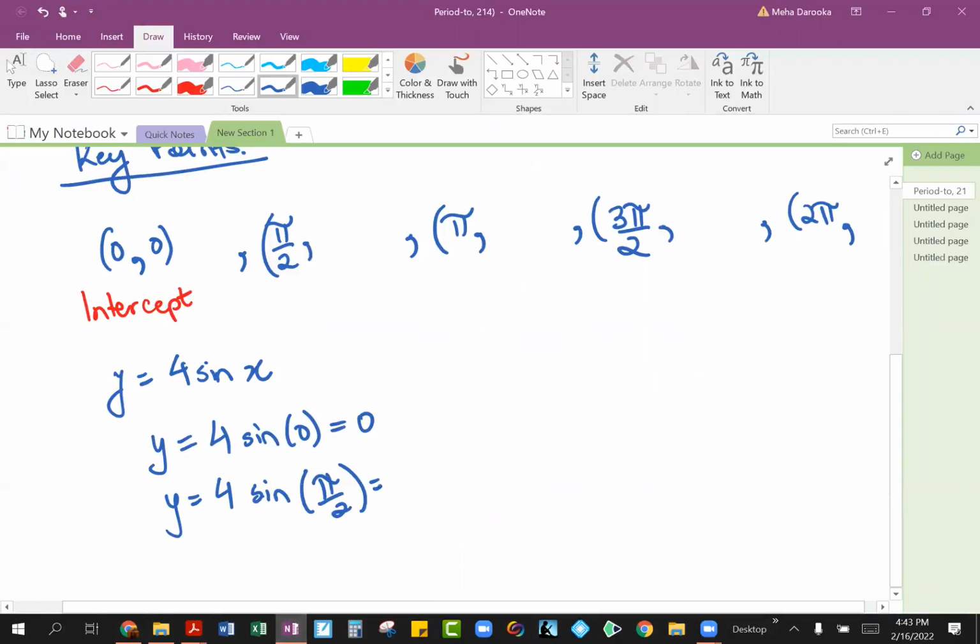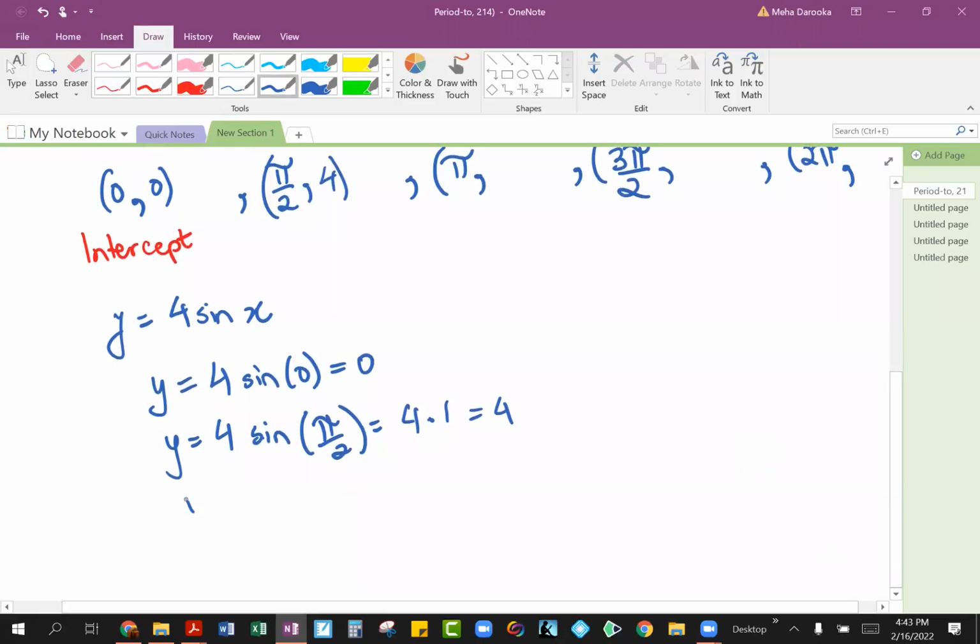So what will we get for pi halves? What will our y value be for this new function? Alrighty, yeah, very good, because sine of pi halves is 1, so 4 times 1 will give you 4. Our next ordered pair is going to be 4 times sine of pi. So what will our y value be for this one?